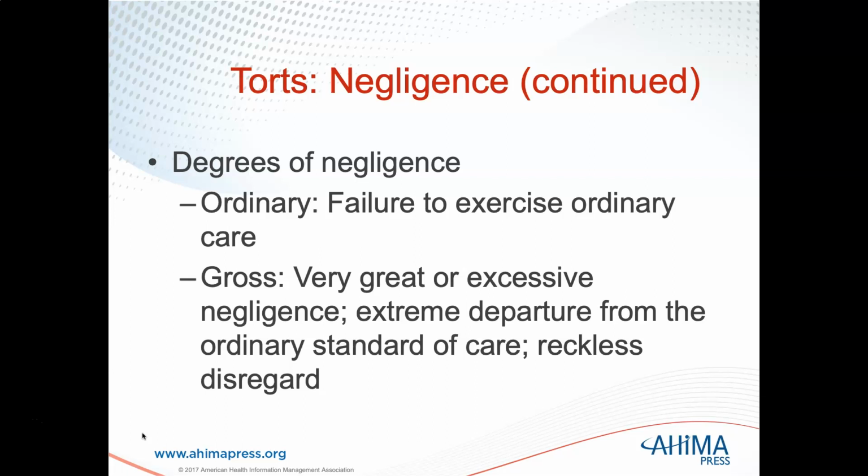And whatever they did caused something extreme, because what they did was almost to the point of recklessness. So you have ordinary negligence, ordinary unintentional tort, or you have gross, extreme, reckless, unintentional tort negligence.